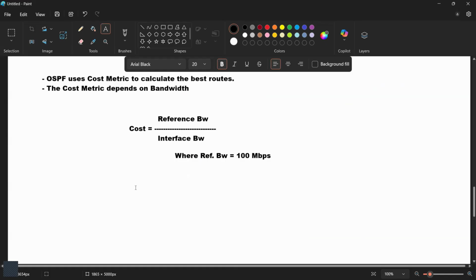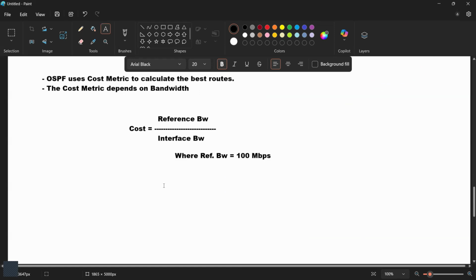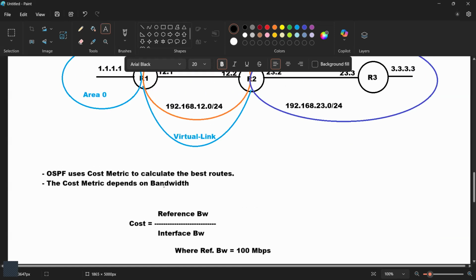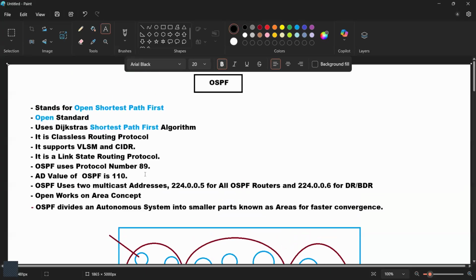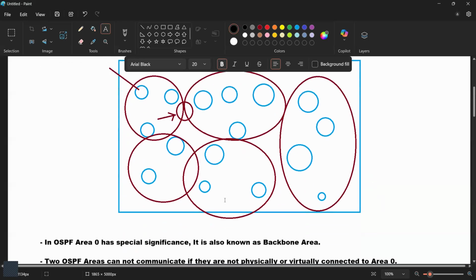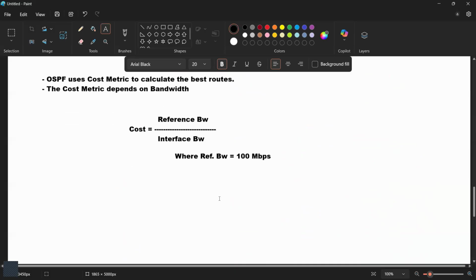Then next is, before that, what is the maximum hop count limit for OSPF?